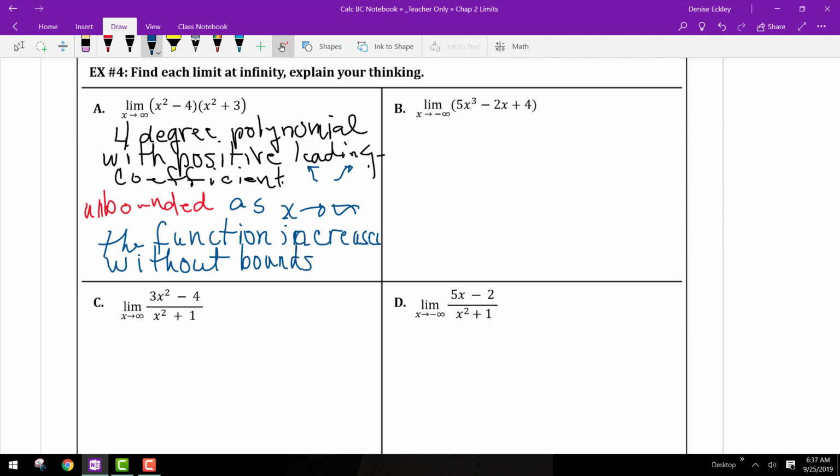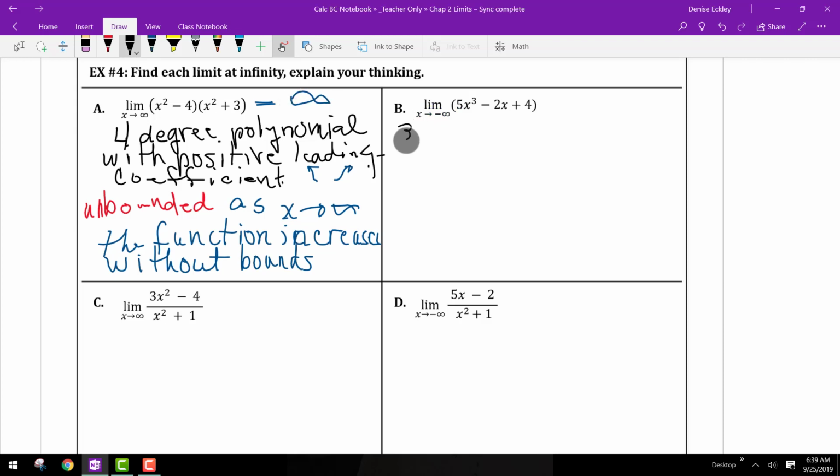Okay, letter B, we also have a polynomial, and we are now going to negative infinity, but we'll look again at the end behavior. Let me first write this here. I didn't actually write what the limit was.